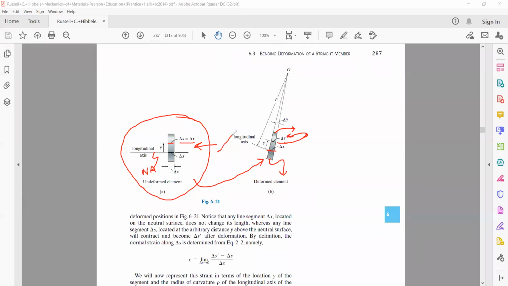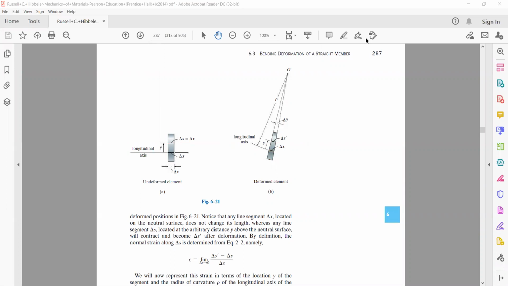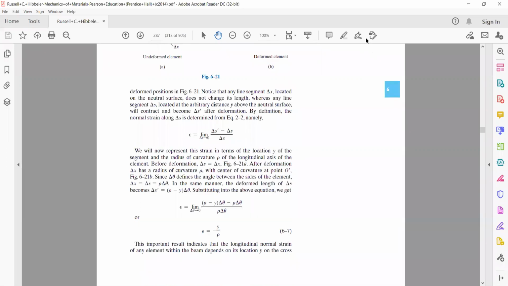Okay, now how much strain does this line element at a distance y from the neutral axis undergo? We had calculated it yesterday in the previous class, and the strain produced in it came out equal to minus y by rho.